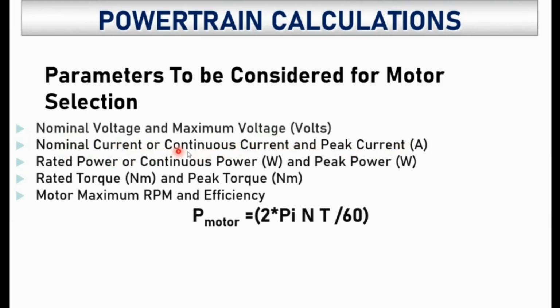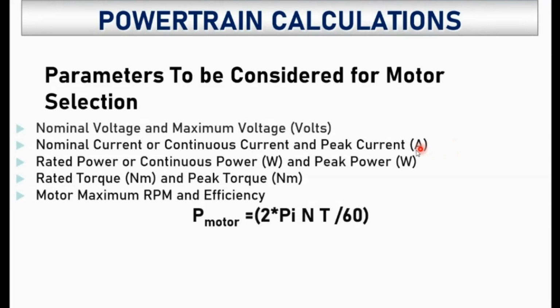What is the difference between these two, a continuous current and a peak current? Any idea? Any guesses? What's the difference between the continuous current and a peak current?